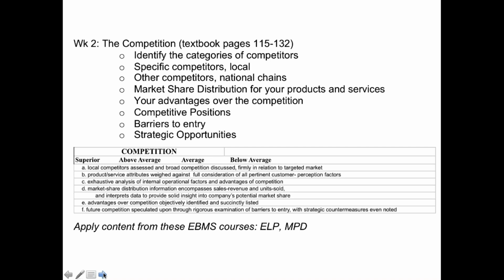Your advantages over your competition. Again, when you do your SWOT analysis, one of the things you're going to show is your strengths. Think about what are your strengths versus your competitors. Why are they going to come to you and not go to them? Because again, they have choices and they can make that choice.